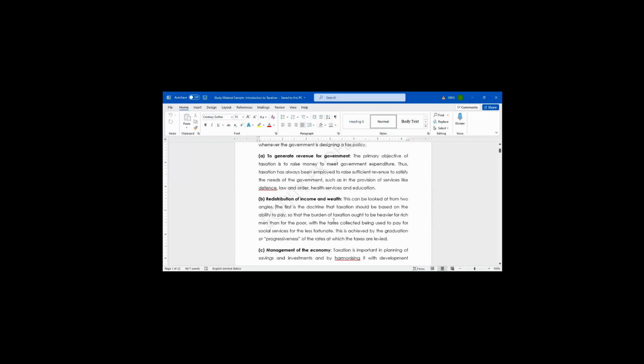By collecting tax from the higher income earner, they will use the tax to develop where the lower income earner is residing, so that the gap between the rich and the poor is reduced to the barest minimum.